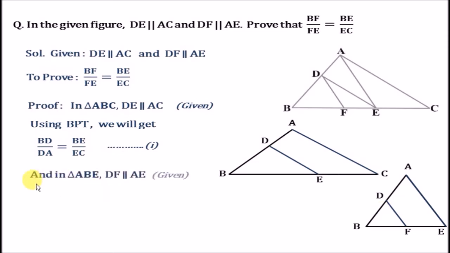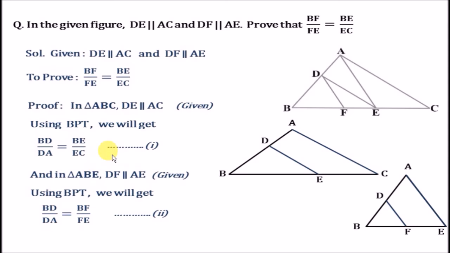In triangle ABE, DF is parallel to AE. So by BPT, we can say that DF will divide the two sides BA and BE in the same ratio. Using BPT, we will get BD by DA equals BF by FE. We will put this as equation 2.